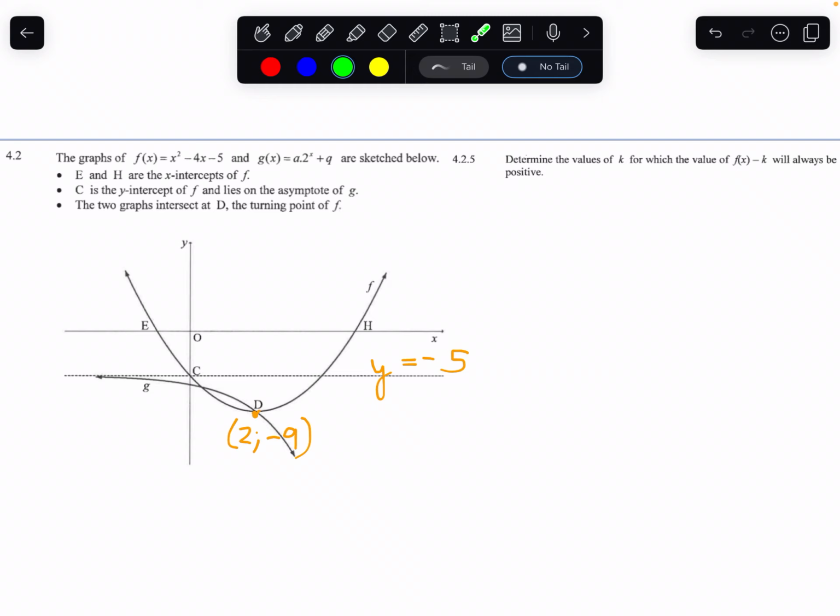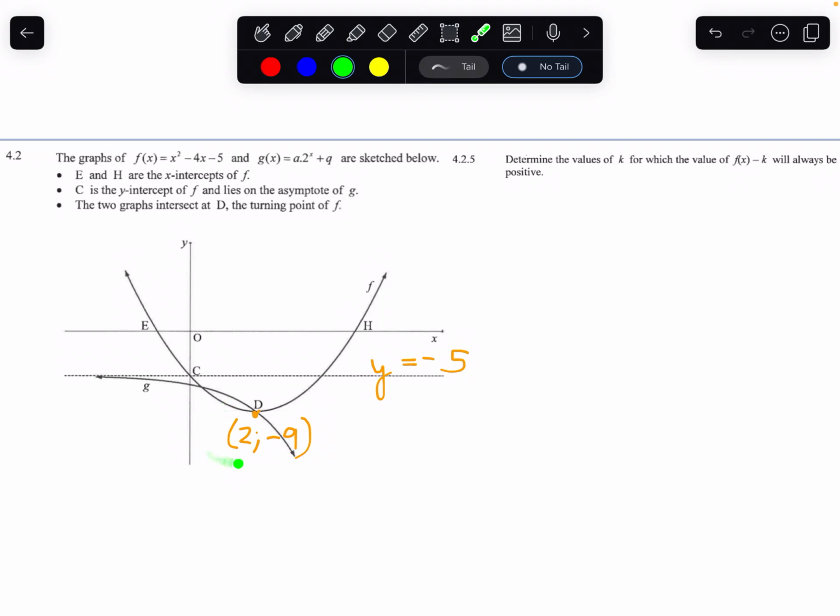Anyway, so we want to figure out, well, by how much do I need to move this parabola in order for all its y values to always be positive. No matter what the x value is, the function will always output a positive y value. Right now we can see that we're only getting positive y values for these x values and for these x values, right, for this piece of the graph. So the key here is the turning point, right?